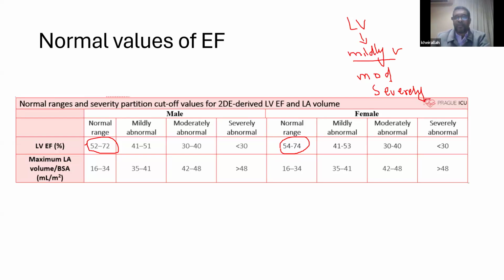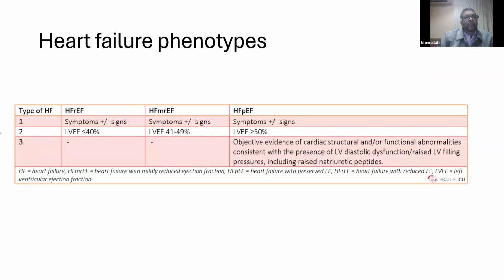Meaning more than 45. Moderately impaired means more than 35. Severely impaired is anything lower than 35. Okay? Percent ejection fraction.